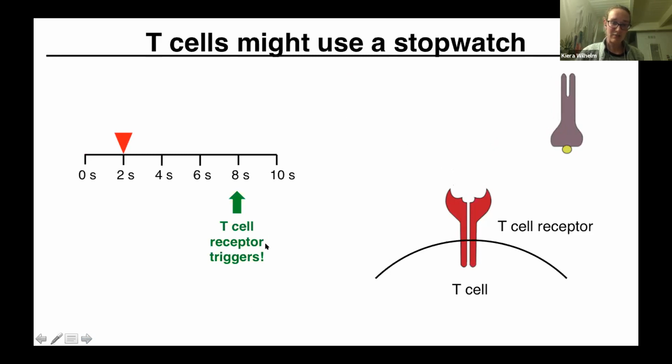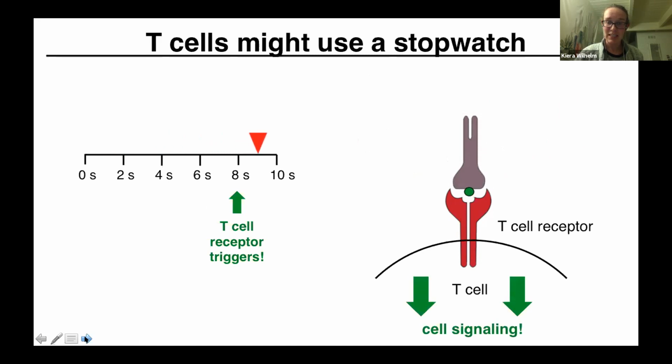But it hasn't reached the amount of time necessary to stick around in the receptor for the cell to actually activate. Another receptor might come along, bind also for a short amount of time, then leave. The cell still hasn't triggered. And then another pMHC molecule might come around and bind for a long enough time that cell signaling happens.